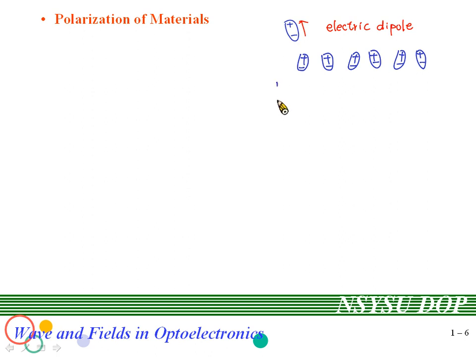However, if you apply the external electric field like this, all these electric dipoles will point in the same direction by this external electric field. Therefore, we can feel the net effect of these electric dipoles to form so-called electric polarization.